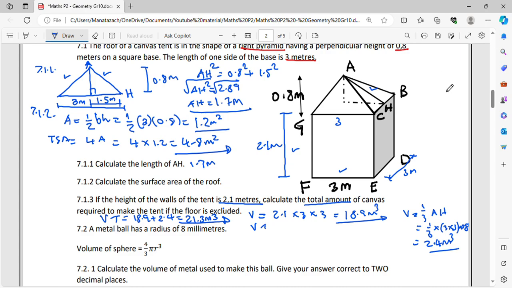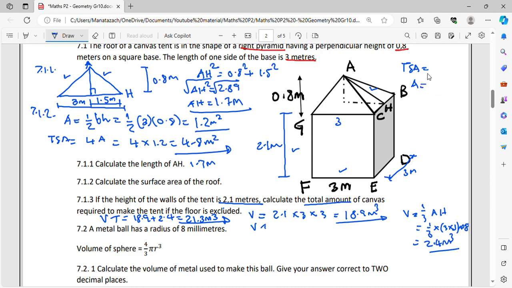Okay, let me just write next to our drawing itself. If you were to calculate the total surface area for the walls, you need to calculate the area of one of the faces, and then you can multiply the faces by 4, since there are 4 of them.